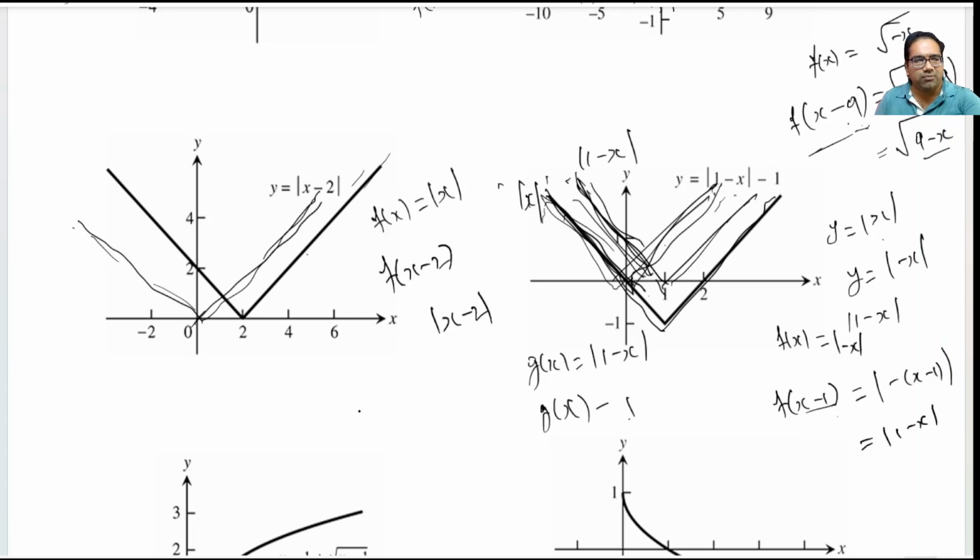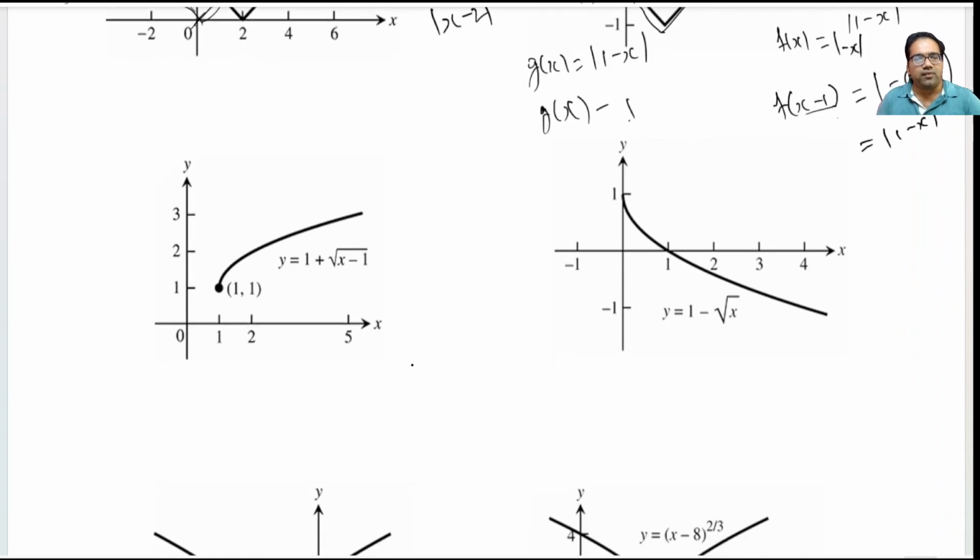Let's take one more example: 1 plus root of x minus 1. What is root x? Let's start with root x. Root x is something like this. Let me draw with a different color. This is root x.